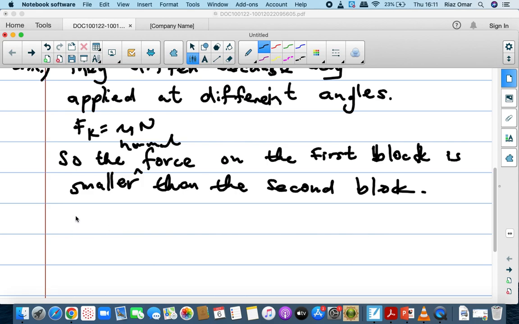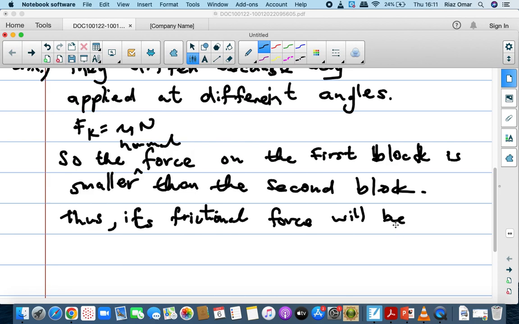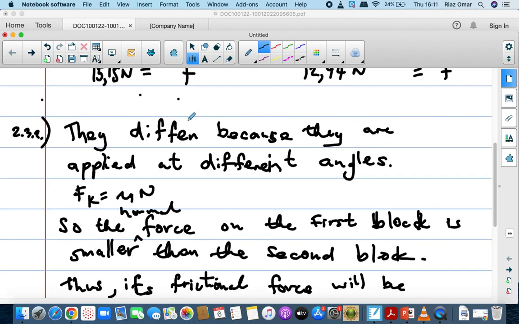So the normal force on the first block is smaller than that on the second block, thus its frictional force will be smaller. So more or less to that effect, you can say that.